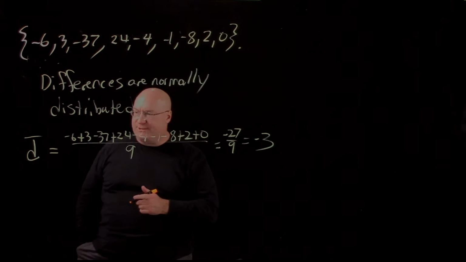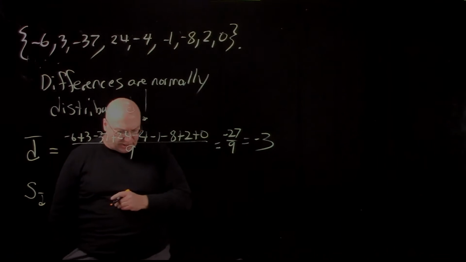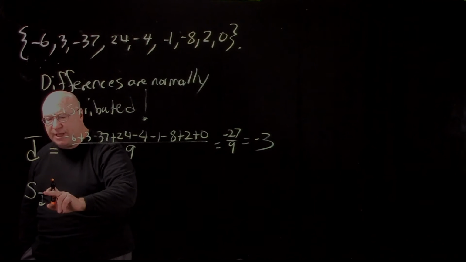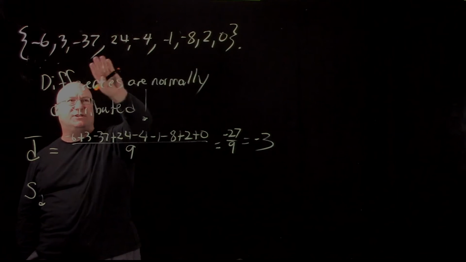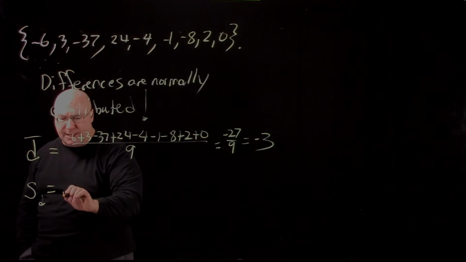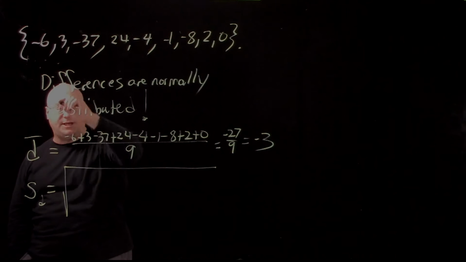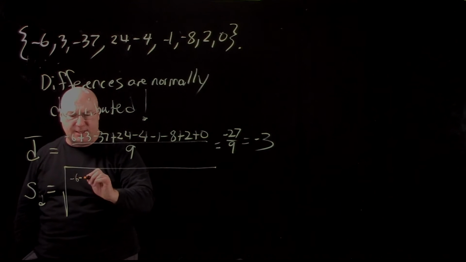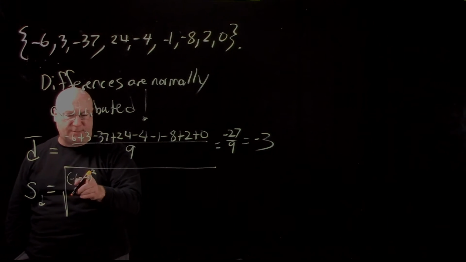Okay, we also need the sample standard deviation to go forward. So we need S sub D, the sample standard deviation of just the data set. And remember the formula? It's a big square root, and I take the first data point, -6, and I subtract the mean, minus -3. Double minus makes it a positive, right?